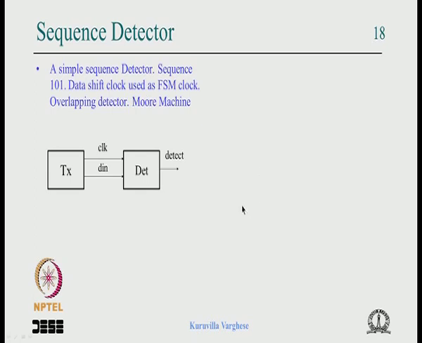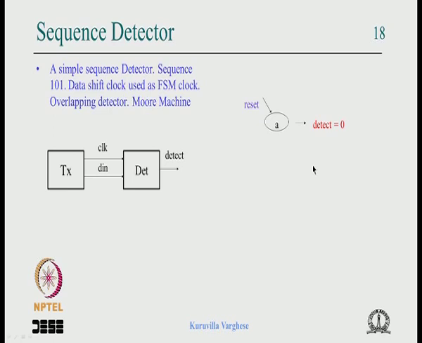So let us draw a state diagram for it. Basically, at the reset we come to a state, let us call it A, and the output has to be, because we have one output, definitely 0, detect is 0.